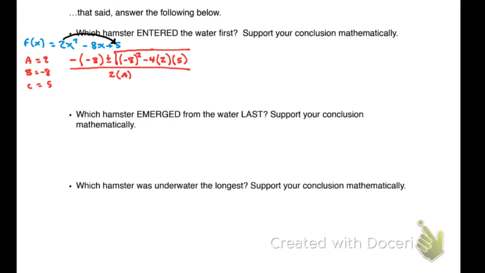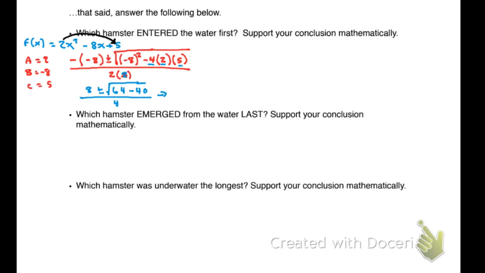Now simplifying this out. Negative times negative 8 is 8, plus or minus square root. Negative 8 squared is 64. Negative 4 times 2 is negative 8. Negative 8 times 5 is negative 40, so that's a minus 40. Divided by 2 times 2, which is 4.